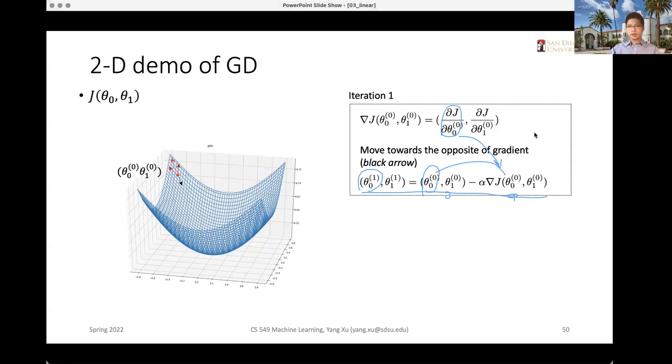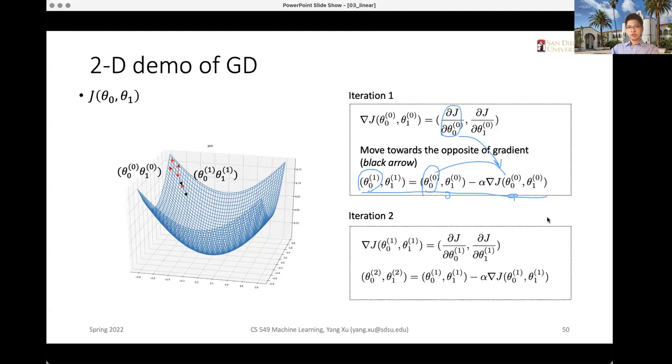All right, so that is one iteration. We have some new values, theta 0, theta 1, and in the second iteration, we do the same calculation until we are pretty close to the theoretical minimum point.